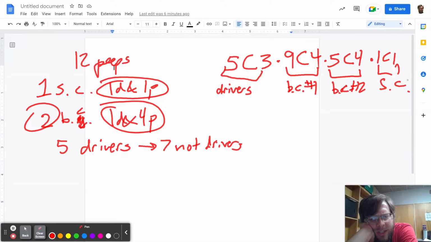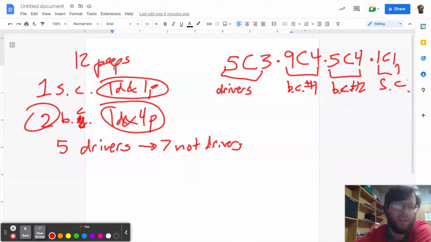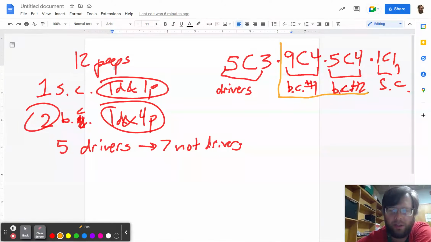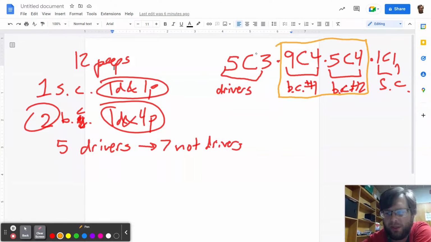You need to choose like 8 of them for the 2 big cars. But it's more than just choosing 8 of them. I guess what I'm trying to think about is how to think about the 2 different big cars, because 8 people are going to go in the big cars and then the last person is going to go in the small car. But it's not just 9 choose 8, because it's different depending on who's in what car.